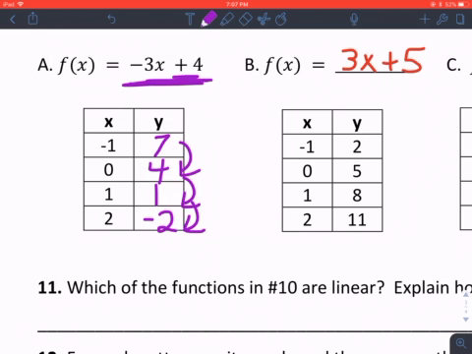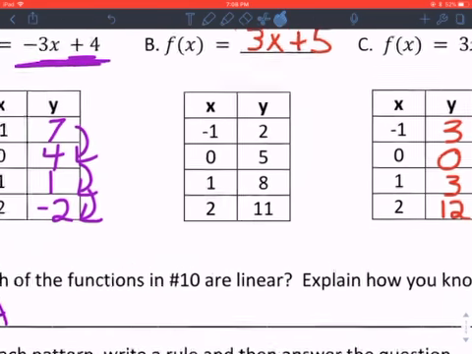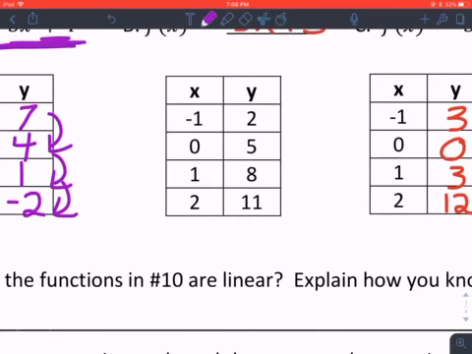My y values are all changing by subtracting 3 each time. So therefore I know that A is linear. I also know b is linear because all of my y's are changing by positive 3.